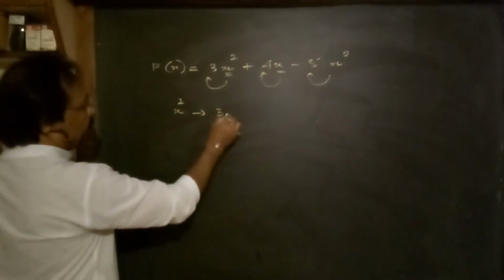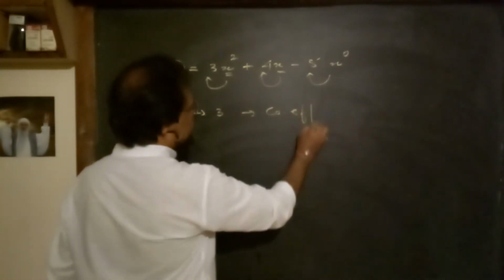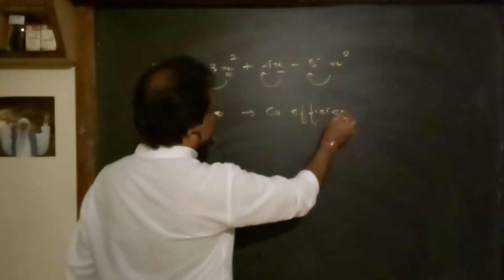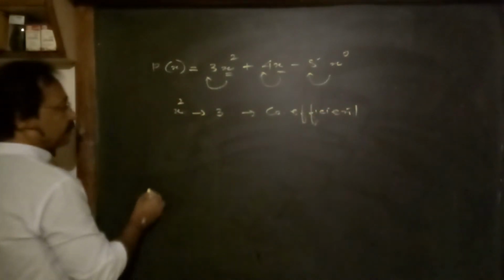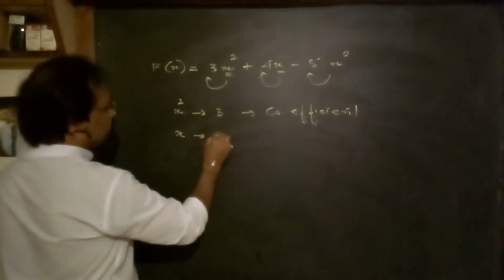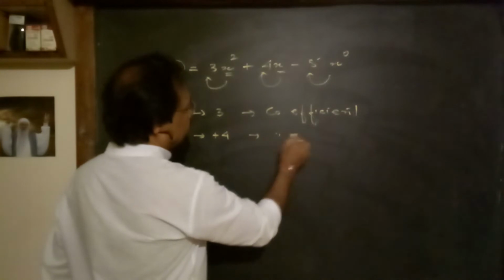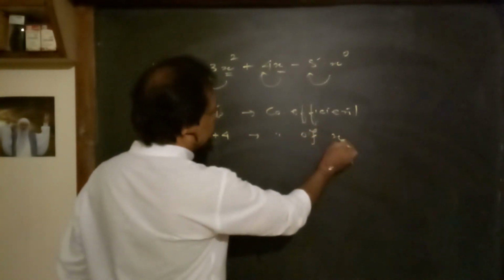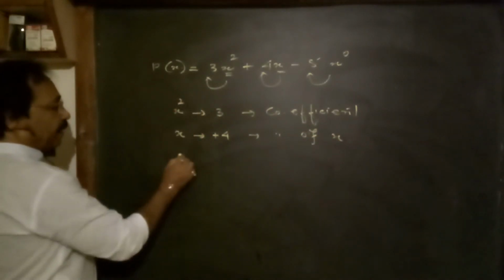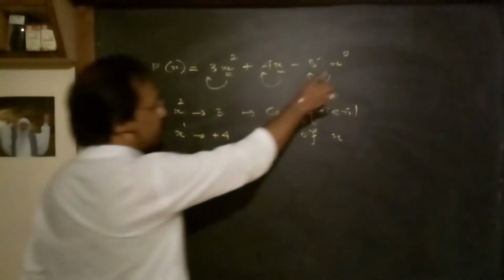It is 3. This is called the coefficient of x square. X, what is the multiple of x? It is plus 4. So plus 4 is called the coefficient of x. X to the power 0, what is the multiple of x to the power 0?